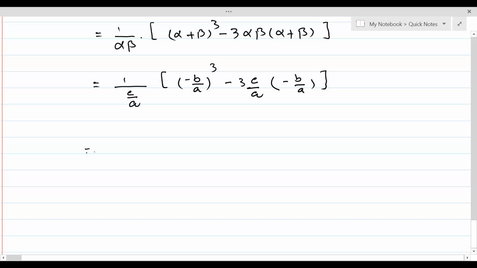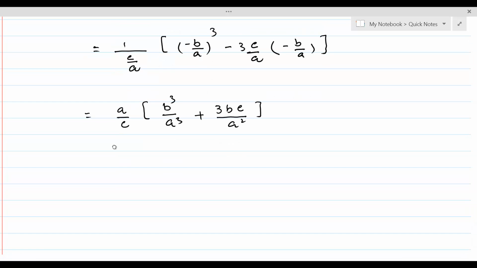This will be a over c into b cube over a cube minus, minus times minus will become plus, so plus 3bc over a square, and we can take LCM inside.